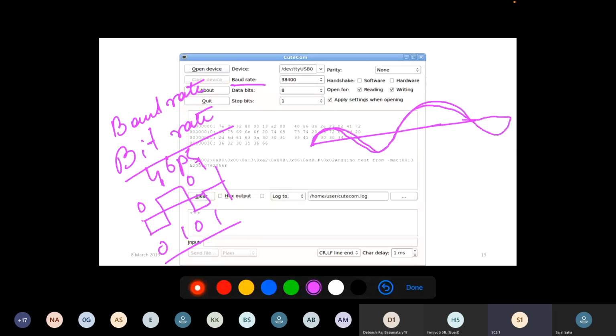Is this clear to you, students? Not clear? Tell me if not. Everyone is silent, which means it's clear. Then I should ask a question, yes or no. Is it possible that every time a single signal will carry a single bit?